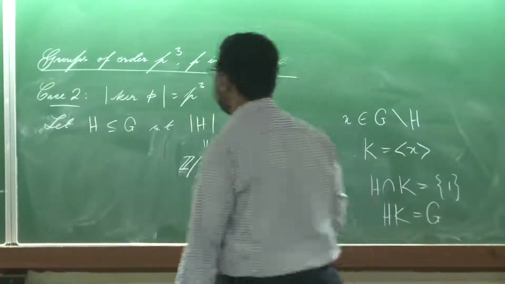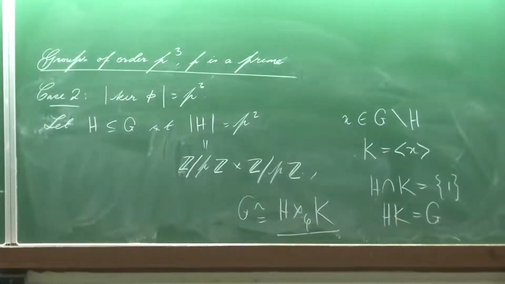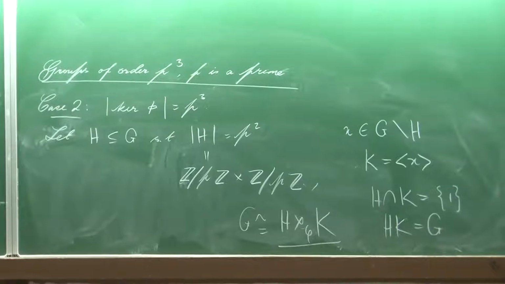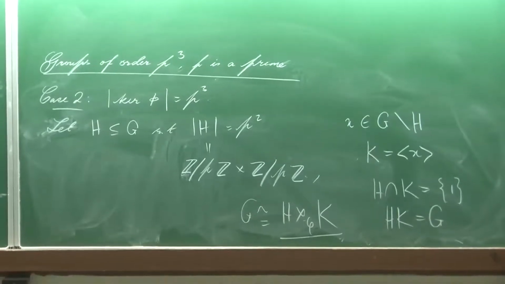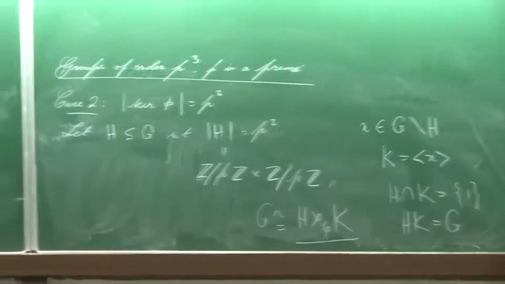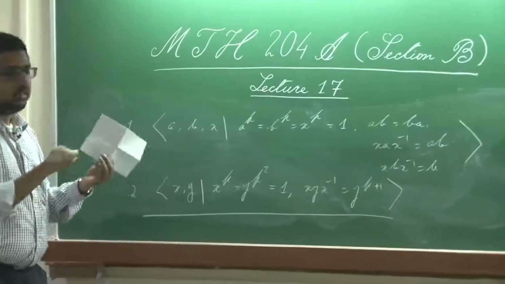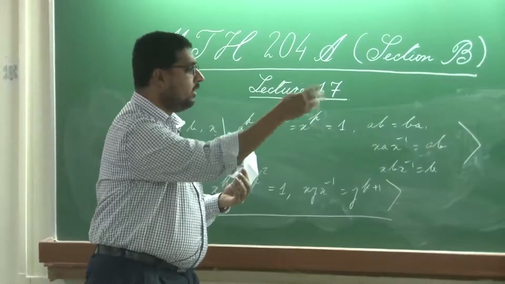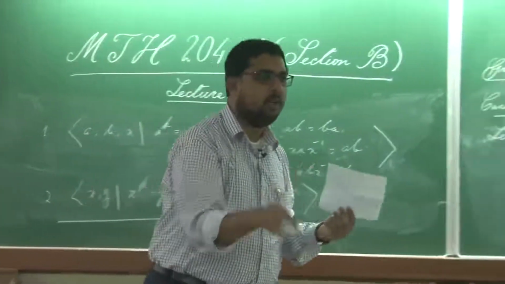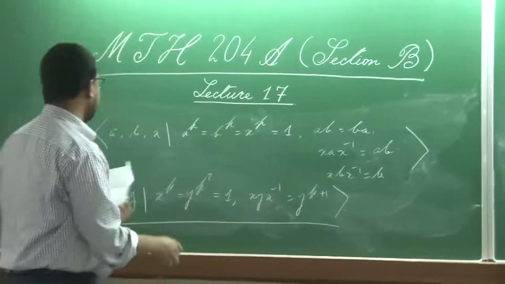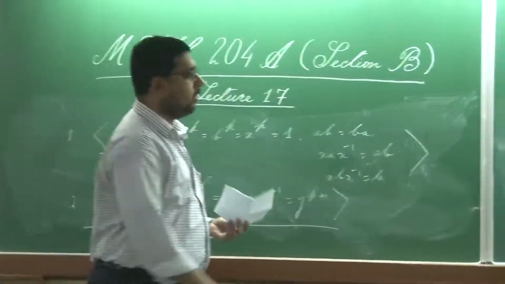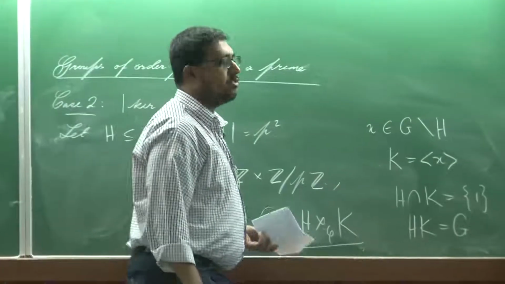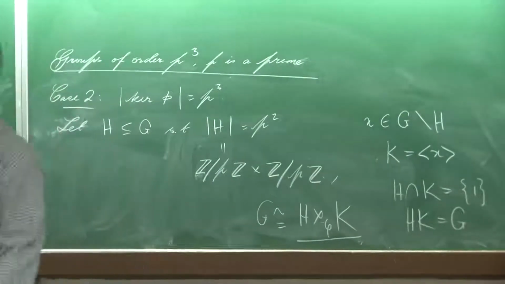Earlier we have seen that by taking a semidirect product of two copies of Z modulo p Z and another copy of Z modulo p Z by means of a non-trivial homomorphism, the only non-abelian group that we are going to obtain is this Heisenberg group. So, that shows in this situation G has to be equal to that Heisenberg group.